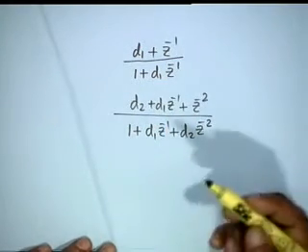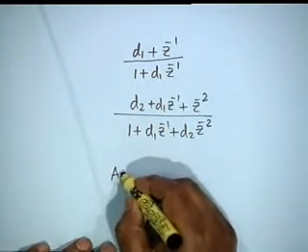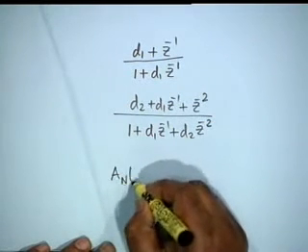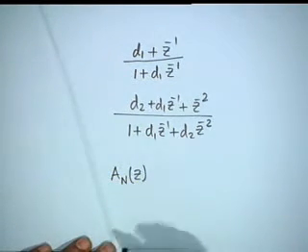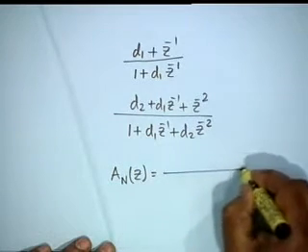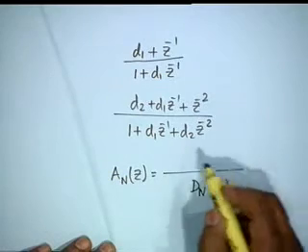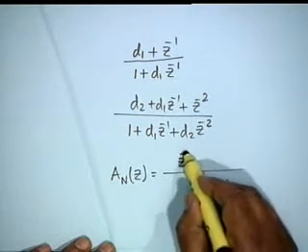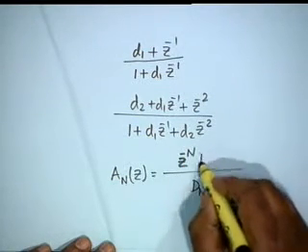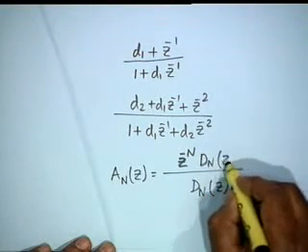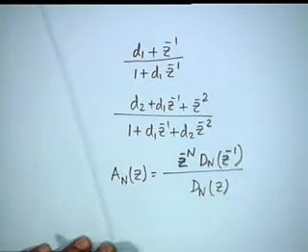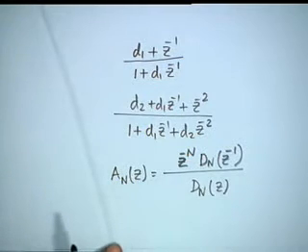And we also showed that in general, for an nth order all pass filter, if the denominator is Dn of Z, then the numerator can be simply written as Z to the minus n Dn of Z inverse. This is the general property.